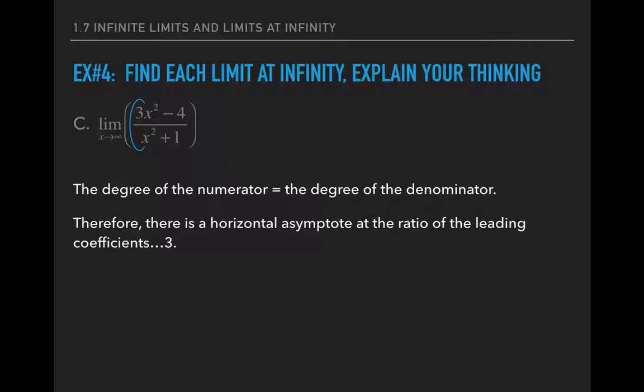So there is a horizontal asymptote at the ratio of our leading coefficients, those highest degree terms, the squared terms. So that would be 3 over 1, which is just 3. So the graph goes to 3 as your x value is going to infinity, which means that our limit is 3.